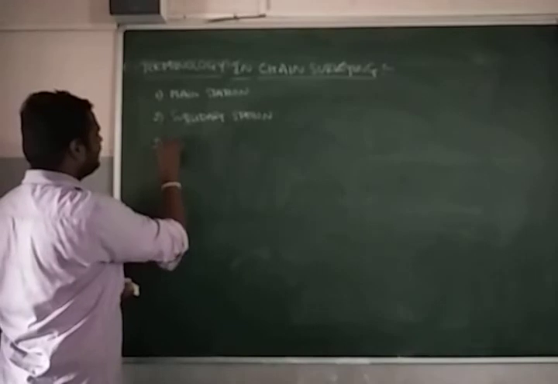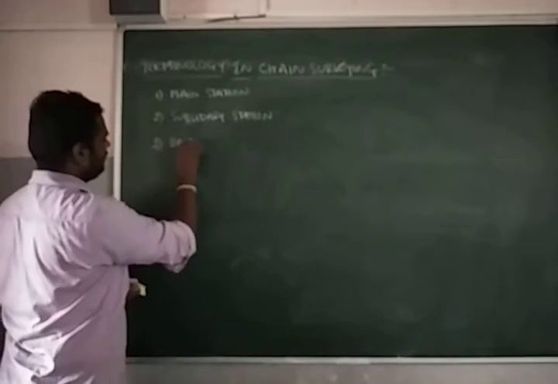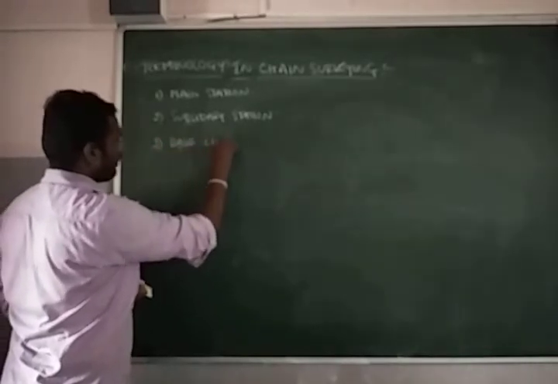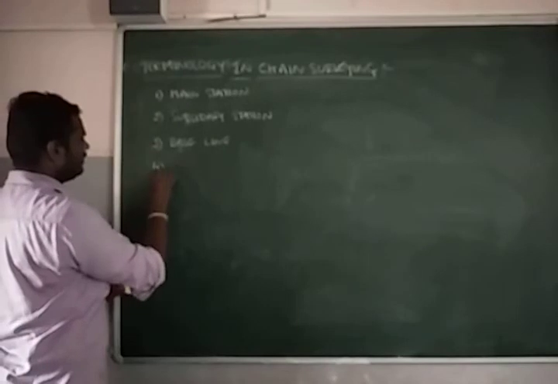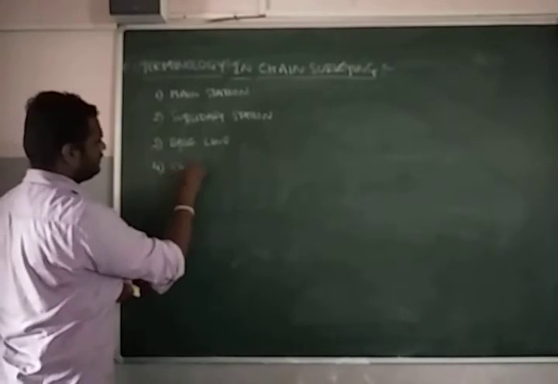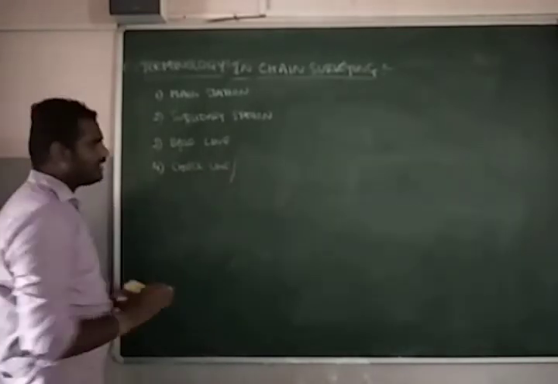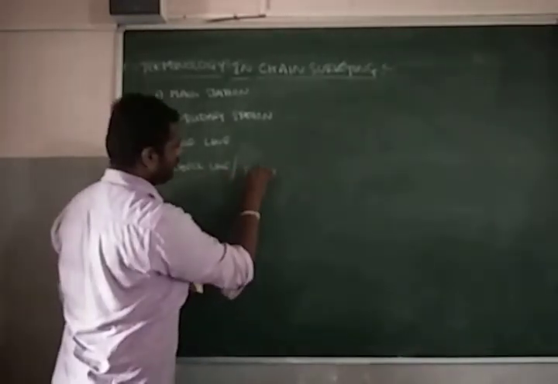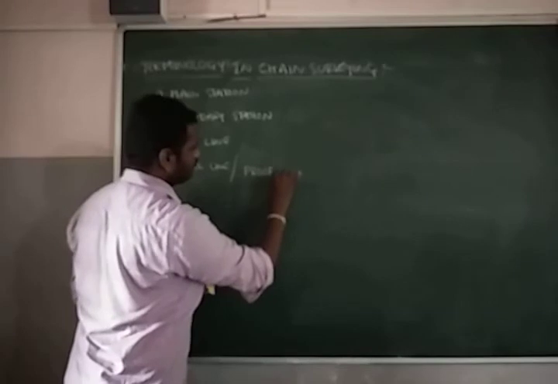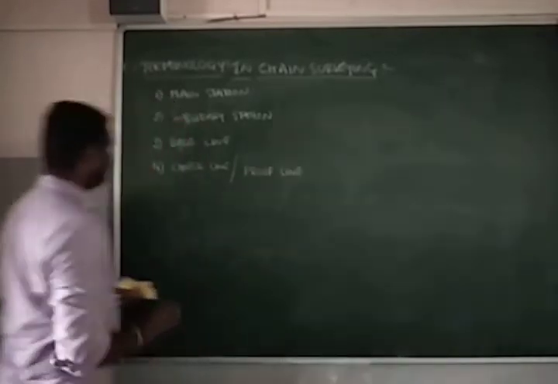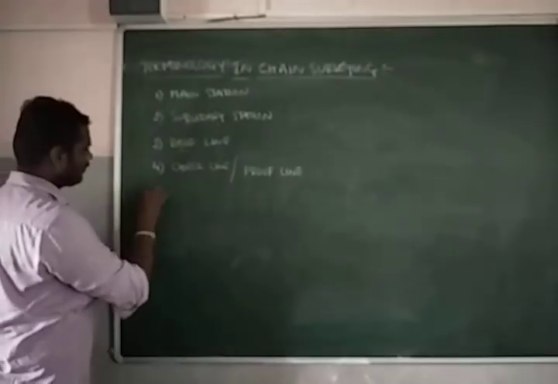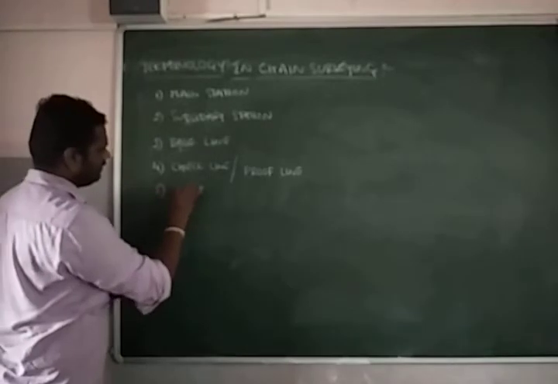Third one, baseline. Fourth one, check line, or we can also call this one proof line. Next, tie line.